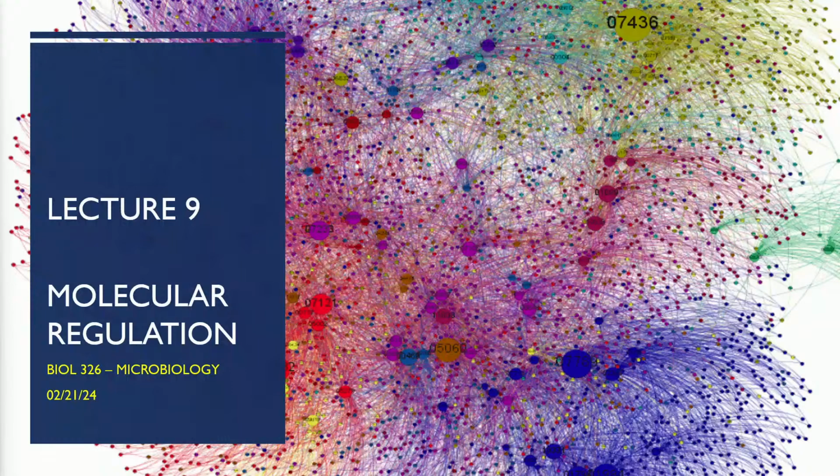So that's what you should know. And rho independent, it doesn't require rho, hence the name, but it does require a GC rich region of the RNA. And then that also creates these uridine residues. And so that weakens the stability and the interaction of it, and so it makes the RNA polymerase fall off.